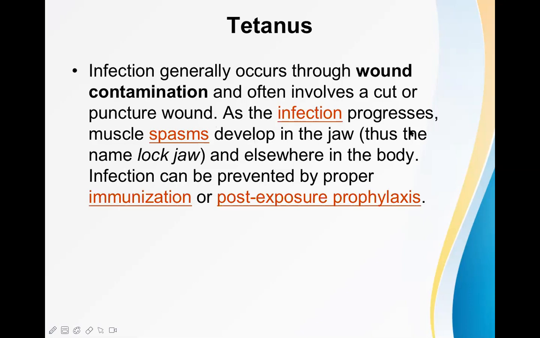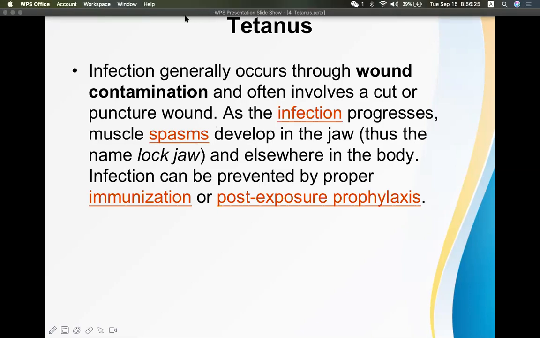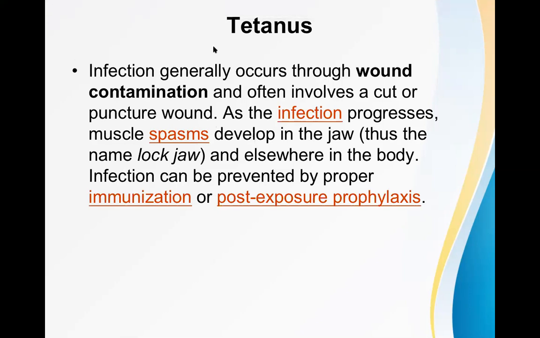Now, as the infection progresses, muscle spasm develops in the jaw. That's why in many textbooks it is also known as lock jaw. This lock jaw can be used as another term for tetanus disease. Now, why is the jaw locked? It means the patient cannot even open it because of the contraction of the masseter muscle.